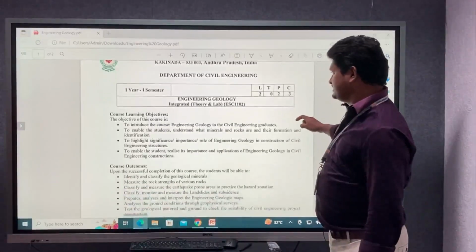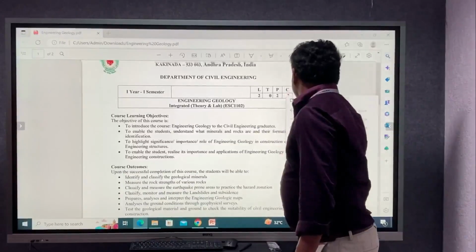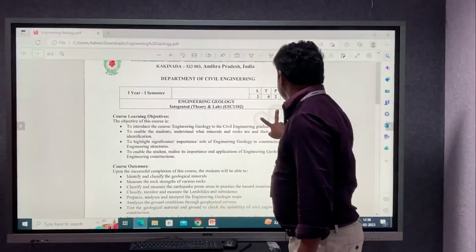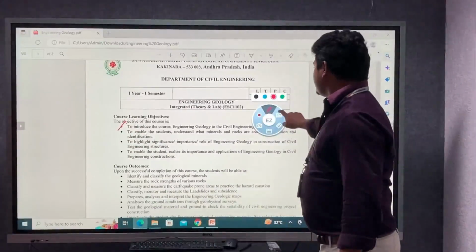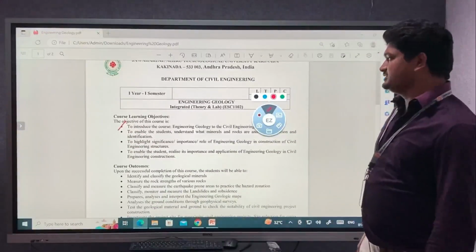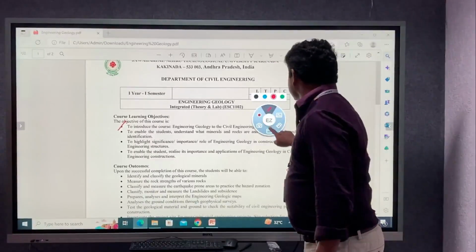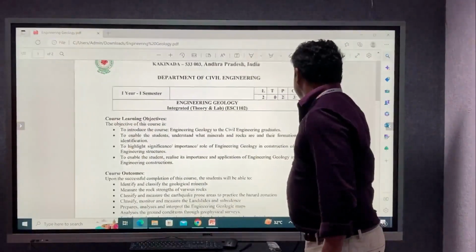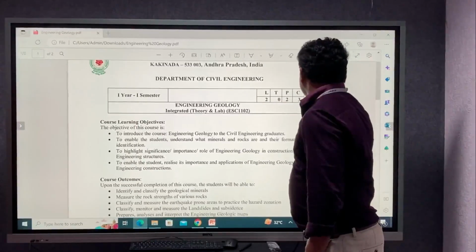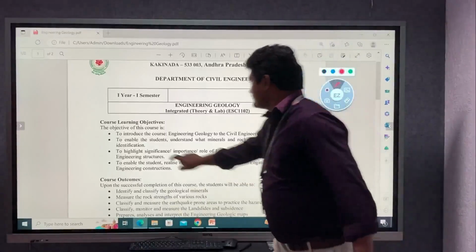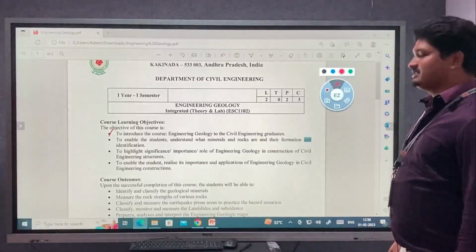If you see the syllabus, now coming to the objectives. The first objective is to introduce the course engineering geology to civil engineering graduates.